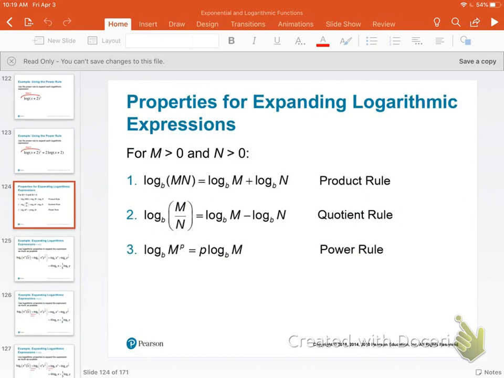Okay, so now let's look at these three rules again. If it's a product, we get a sum. If it's a quotient, we have a subtraction. And then for the power, we move the exponent p to the front. So these are the three rules about log.